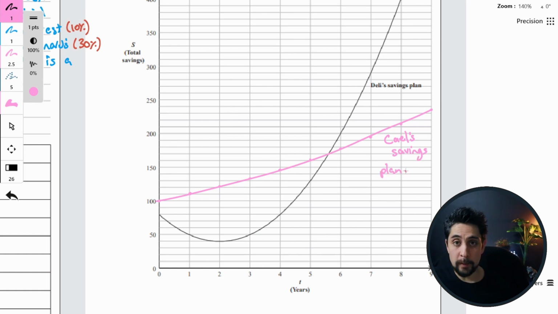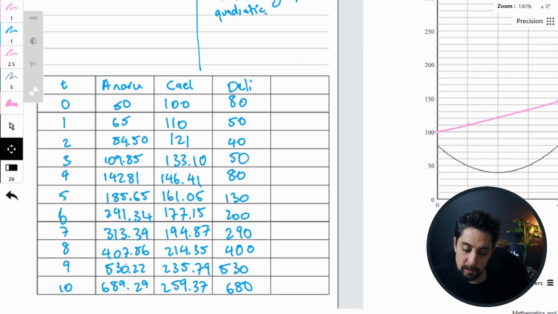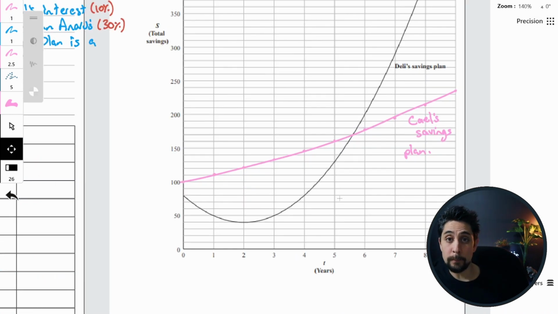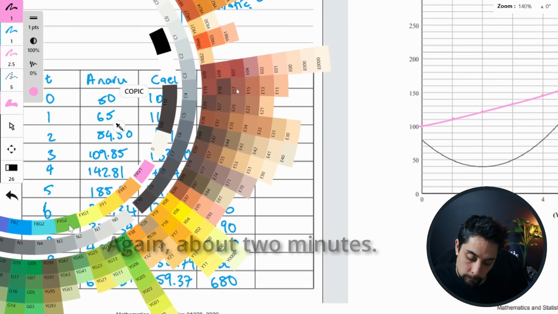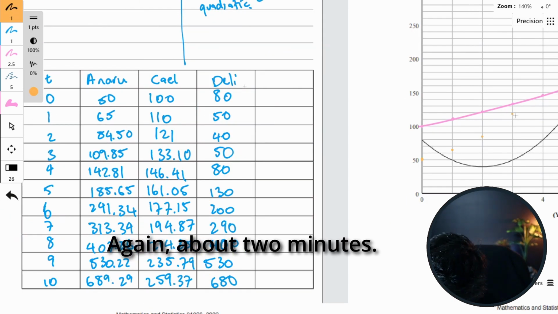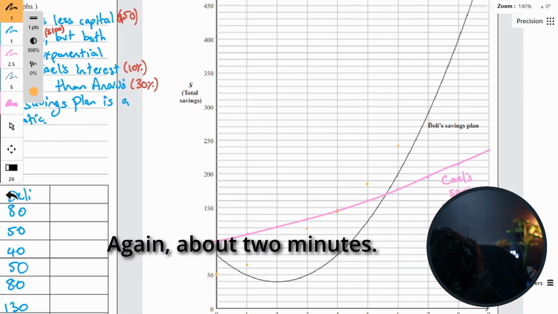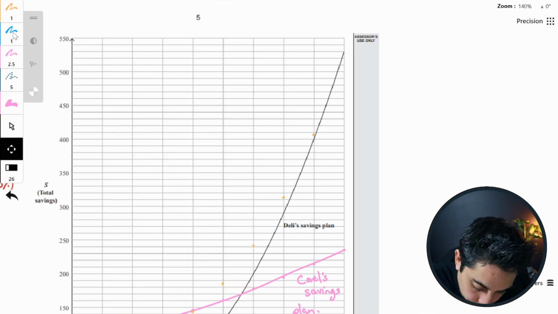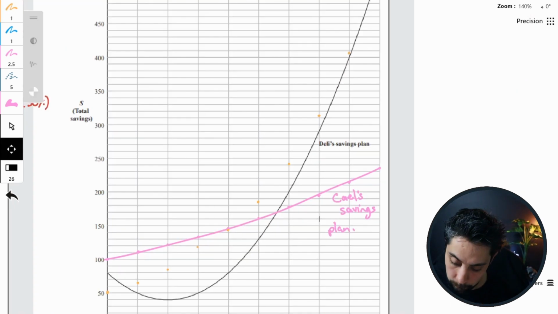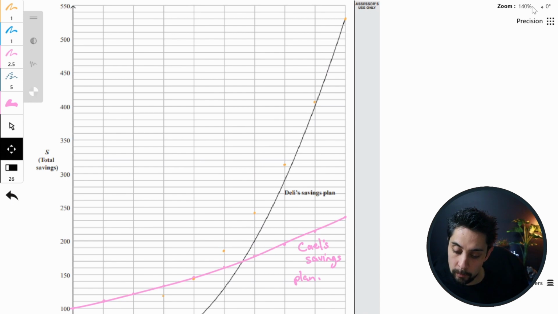I'm going to do the same thing for Anaru's saving plan, just plotting each of these points on this graph, and I'll be back in a moment. Okay, so I've got all of the points labeled on for Anaru.